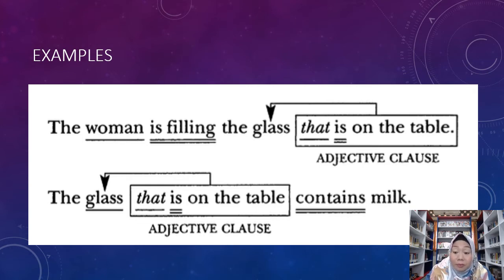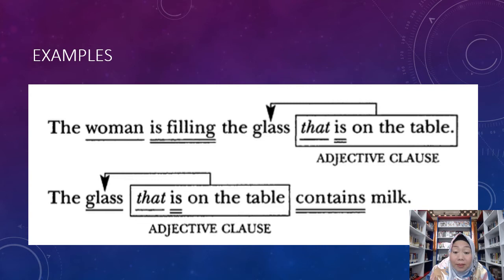The woman is the subject, the verb is filling, and the glass is the object. Then we have another clause, an adjective clause, describing the noun glass. And then we have the connector, and then we directly have the verb without the subject.